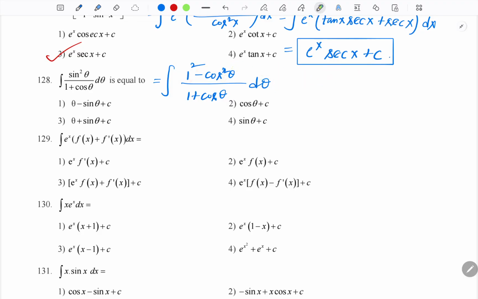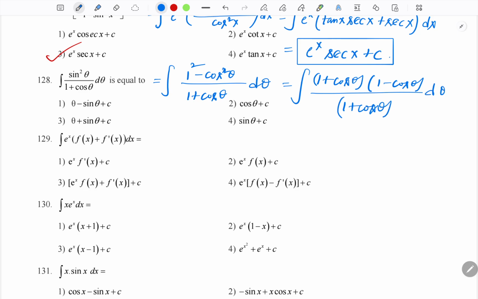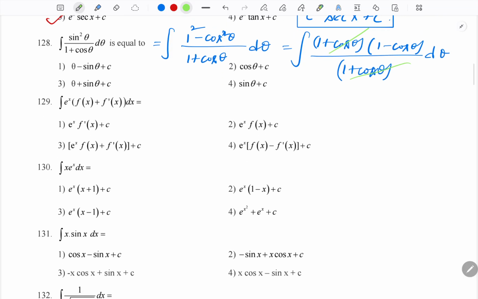Apply. Then integral (1 plus cos theta) times (1 minus cos theta) by (1 plus cos theta) d theta, right? Then 1 plus cos theta, both will be cancelled. What is the remaining, students? Simple integration, right? Integral (1 minus cos theta) d theta.